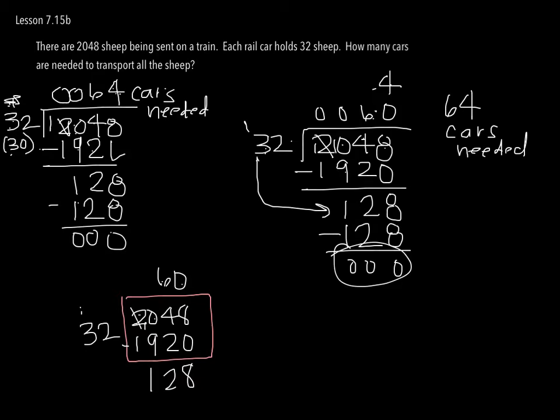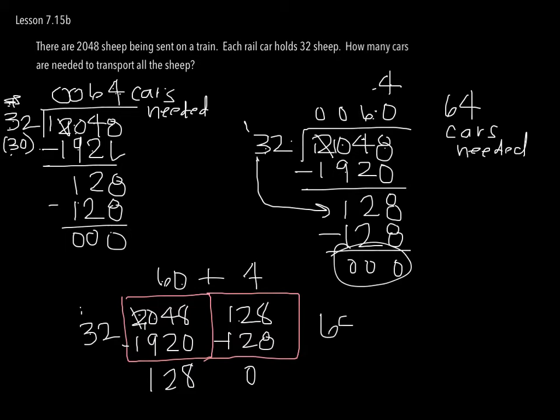Now this becomes my next rectangle, and that goes 128. Then I have to figure out how many 32s in 128, and we already know the answer is 4. Multiply that bad boy out. 128. Subtract. And I get 0. So our answer is 60 plus 4, 64 cars needed.